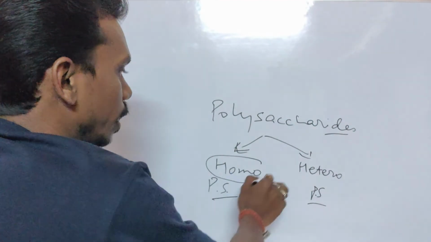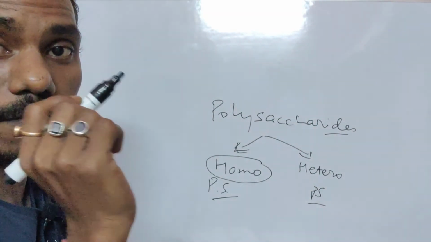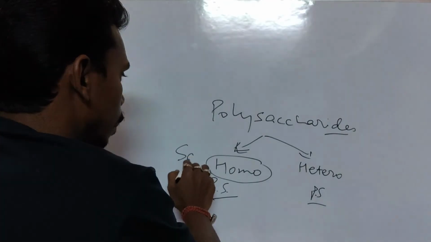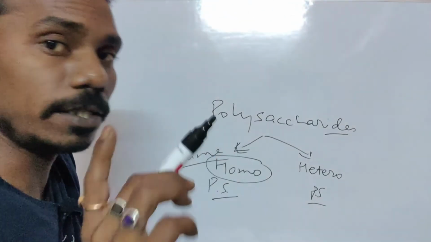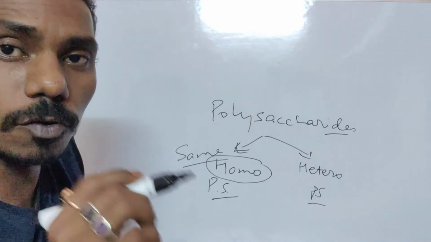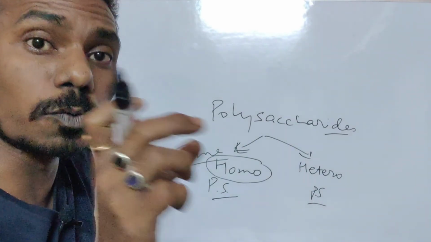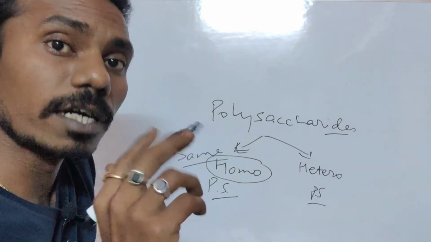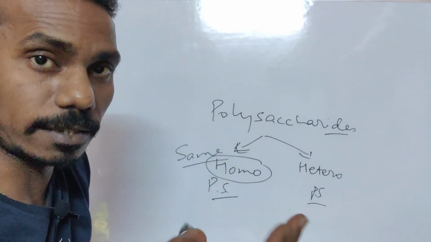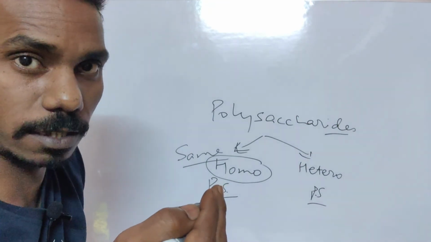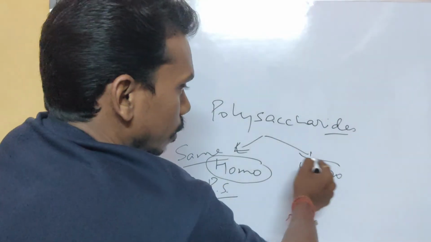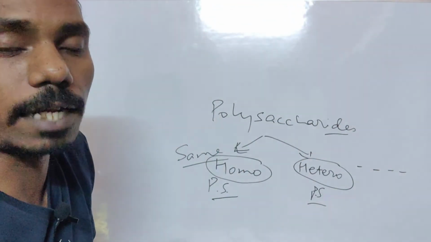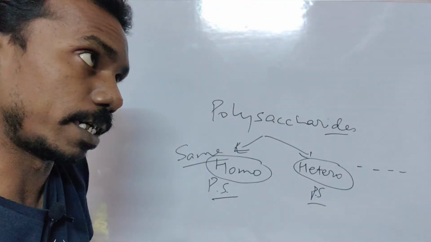Homo always means same kind of things. Same kind of monosaccharides binding with each other to prepare a polysaccharide is a homopolysaccharide. If different kinds of monosaccharide molecules join with each other, then this can be called heteropolysaccharides.